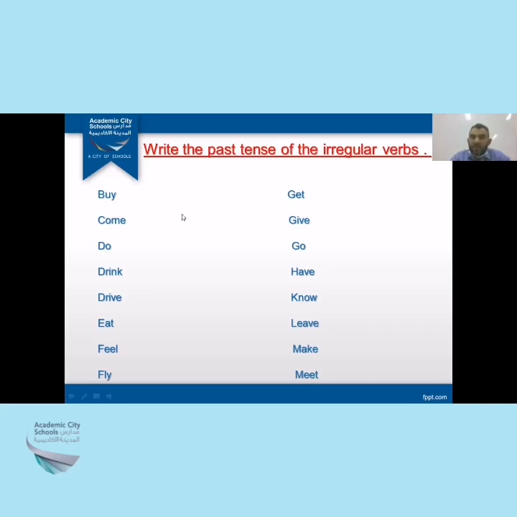As I told you, you have to memorize the verb 2 of the irregular verbs. Here we have buy. Buy is irregular. So buy, the verb 2 is bought.